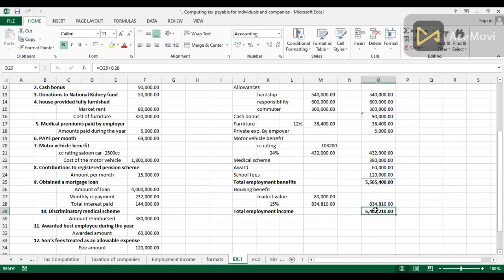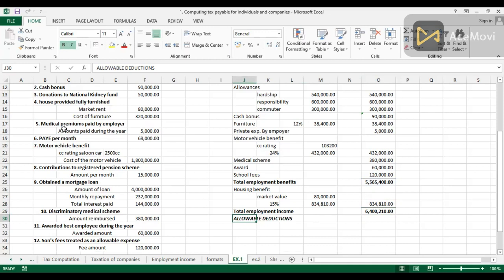I'll do Control Bold, then Alt HBP for top border. So we'll go to allowable deductions. Allowable deductions. This one is a very simple concept. Control Enter Bold, then Alt H2 for italics, isn't it?